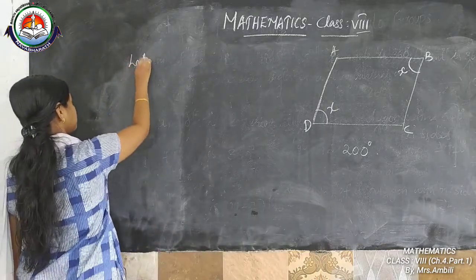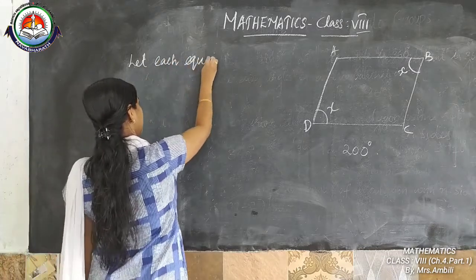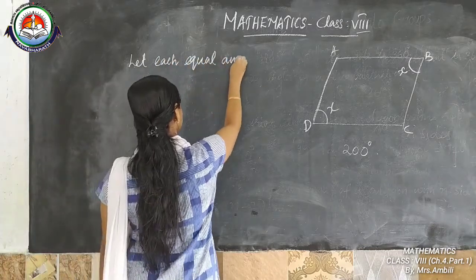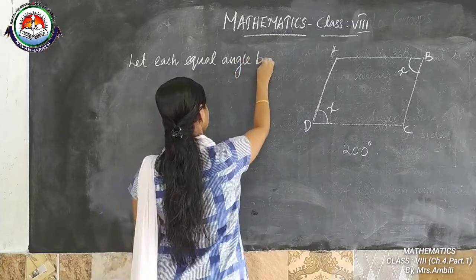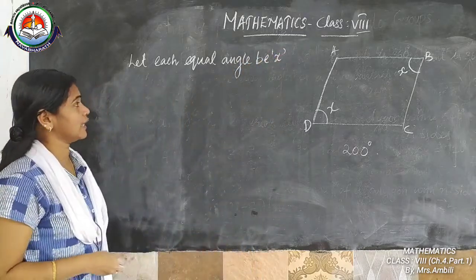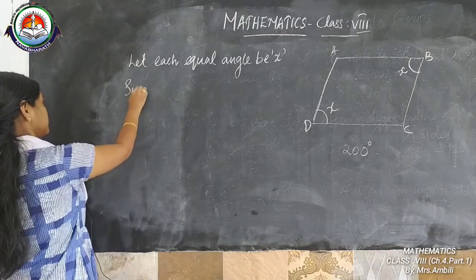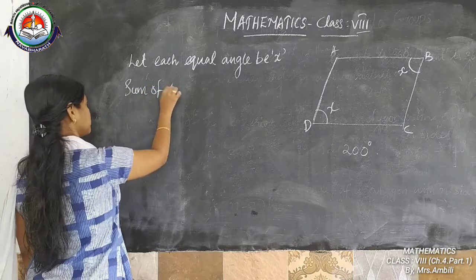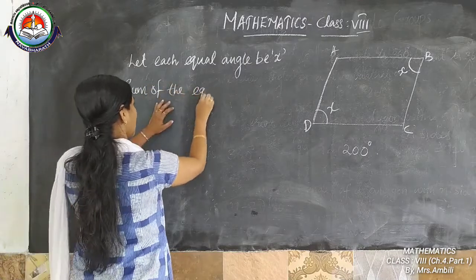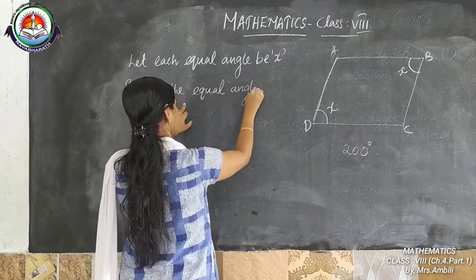Let each equal angle be x. Okay, what is the sum of the equal angles?